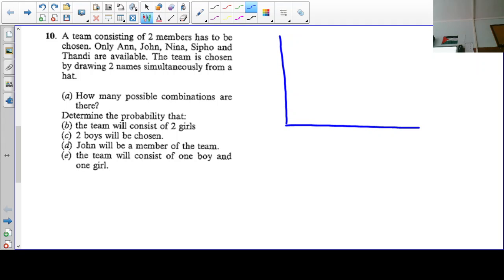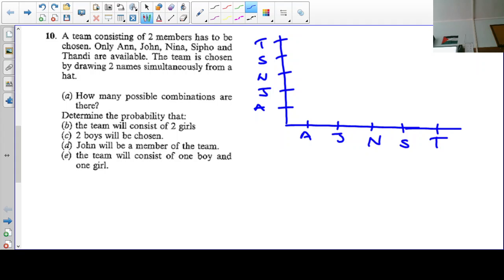And you say, okay, we have N, just put A for N. We have John, Nina, Sipo, and Tandi. Now, of course, you must go up as well. So it's going to be N, John, Nina, Sipo, and Tandi.